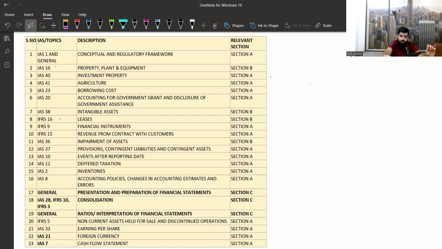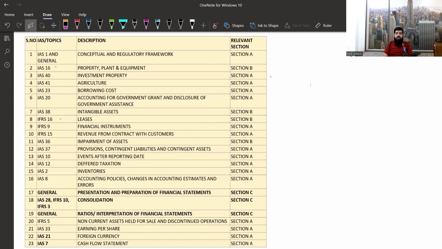Now, if I talk about which chapter or topic will be tested in which section: as far as the ACCA official body is concerned, there are no rules or guidelines, which means any topic, standard or chapter can be tested in any section of the paper.